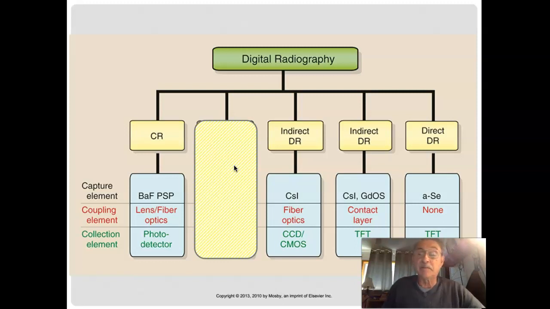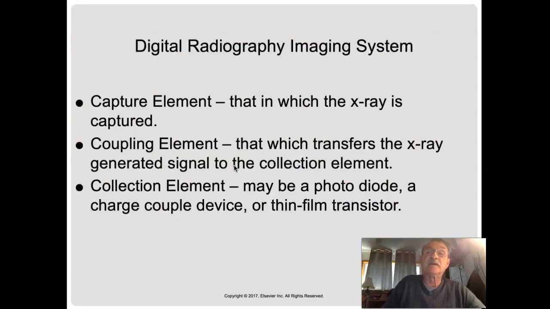There is no coupling element. It goes immediately to the thin film transistor. So remember the capture element, that in which the X-ray is captured, the coupling element, which transfers the X-ray generated signal to the collection element, and the collection element itself may be a photodiode, maybe a charge-coupled device, or maybe a thin film transistor.